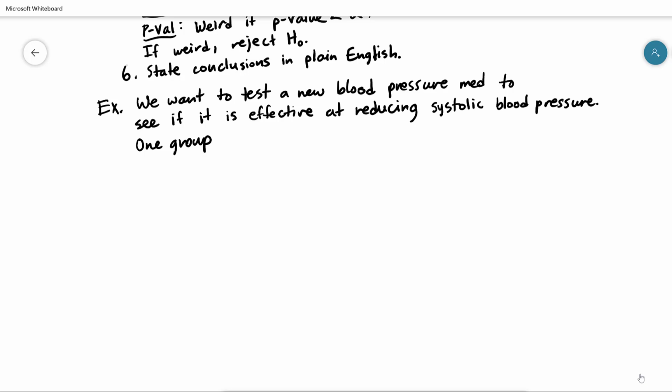So one group of 70 randomly selected participants takes the drug.